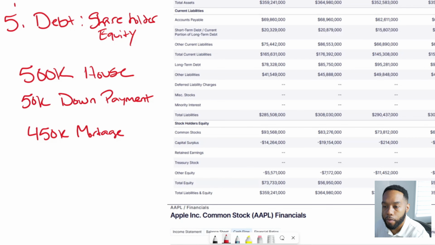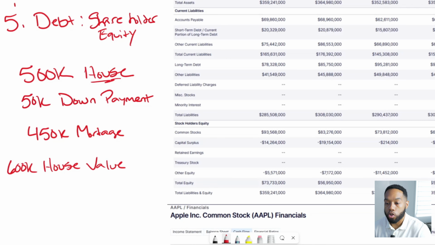Now, let's say this house right here appreciates to $600,000 over the course of owning it. So $600,000 on the house value. And you still had $50,000 of the payment in it. So you've knocked that mortgage down to $450,000. So the remaining amount you owe on the mortgage is $450,000.